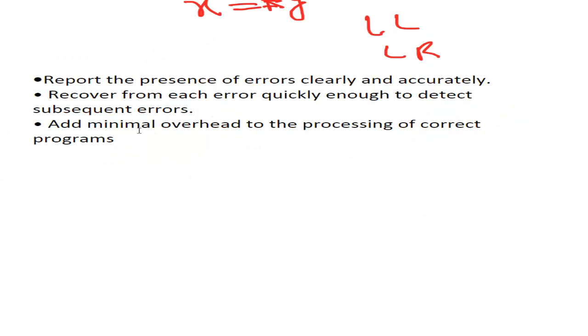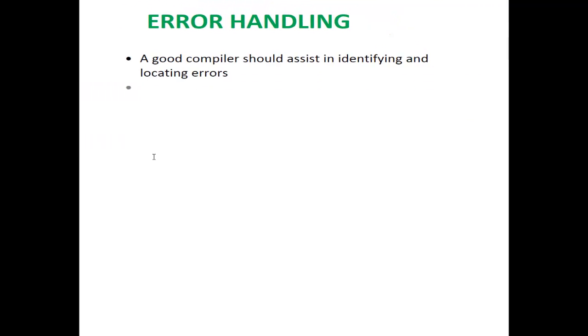The goals of the error handler are, first, to report the presence of errors clearly and accurately. Second, to recover from each error quickly enough to detect subsequent errors. And also to have minimal overhead on the processing of the correct program.